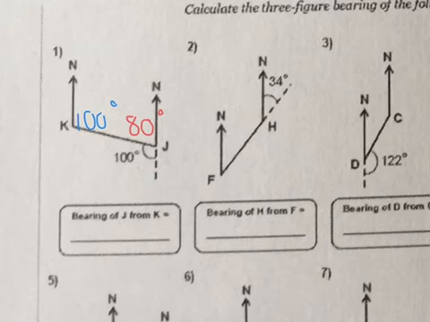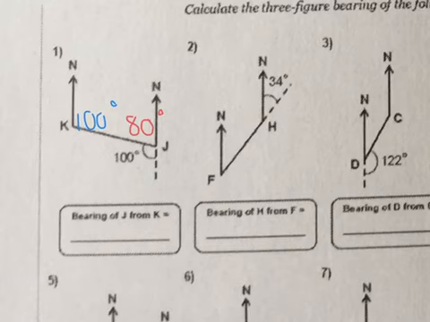For this one, we've got the bearing of H from F. So we're starting from F and we are going to H. So there's your F, there's your north line. This is the angle here that we're looking for. If you look at this, you've got two north lines, parallel lines, line going between them.